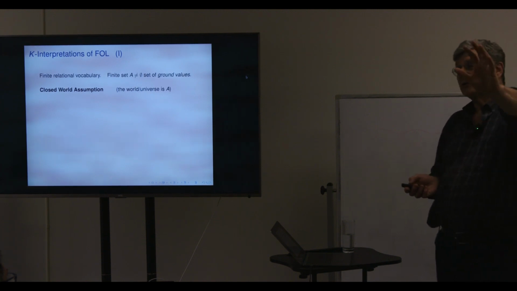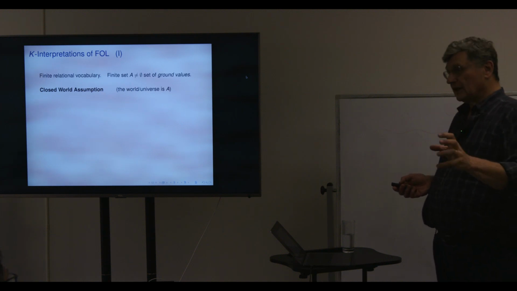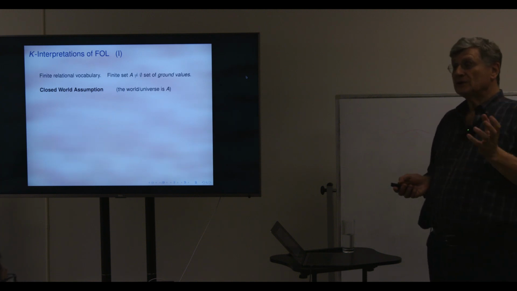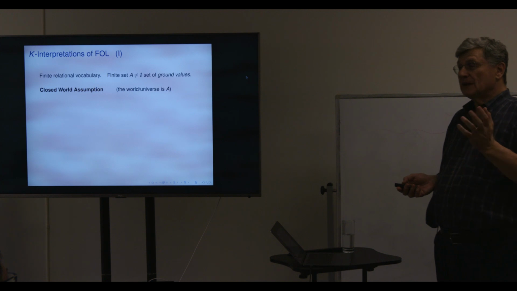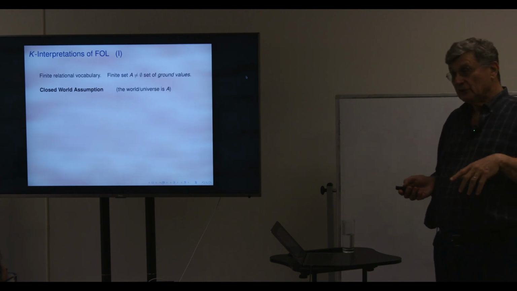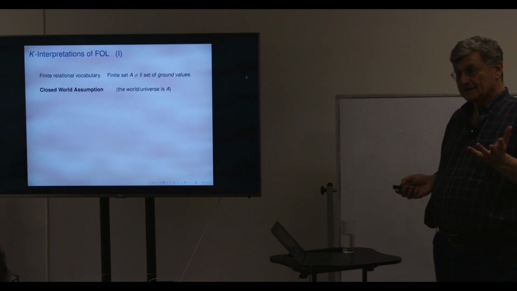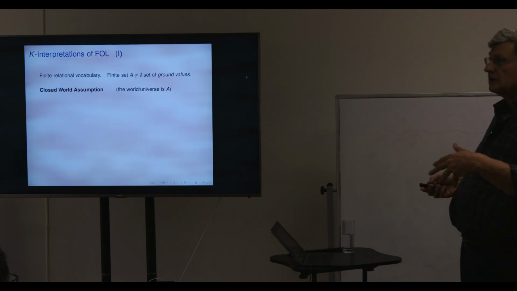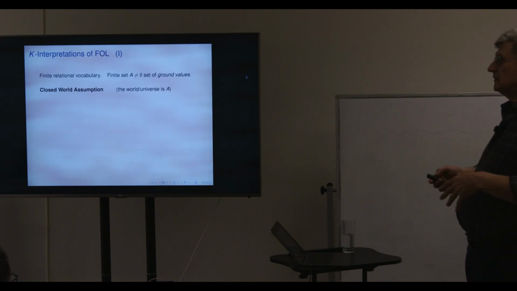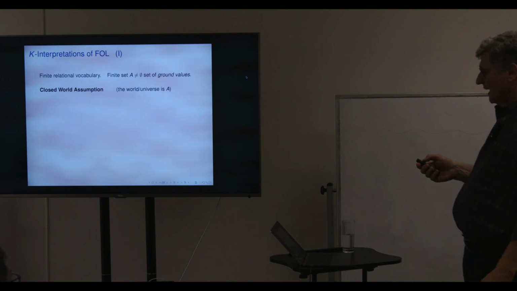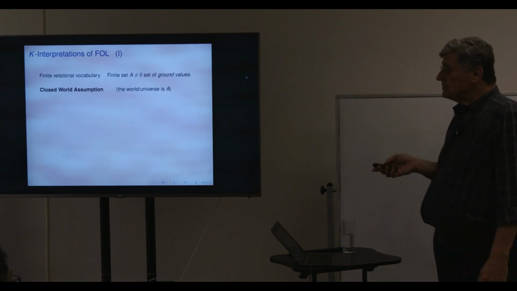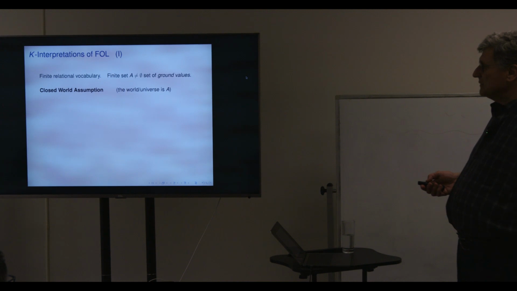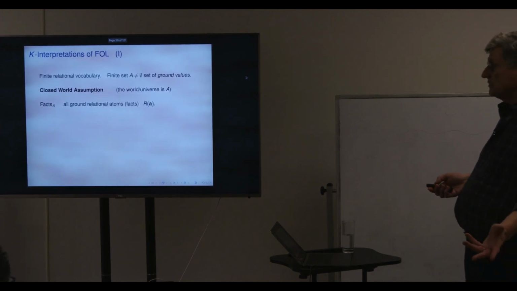Because we are talking about what's true in the model, and that's usually visible in the picture of the graph, but this is first order logic, we also implicitly assume that if an edge is not in the picture I give you, then that fact is not there. So I'm not assuming the possibility of things that we don't see. We just start with a finite set of ground values, in the case of the example I just showed you, the vertices of that graph. That's the universe of the model.